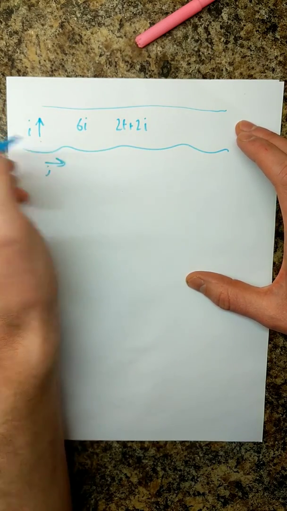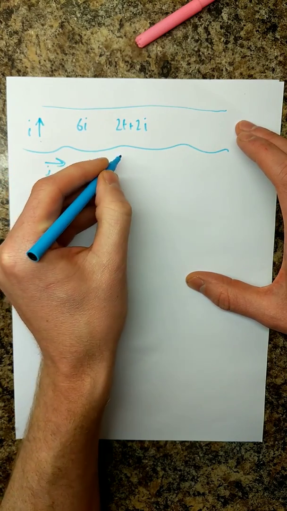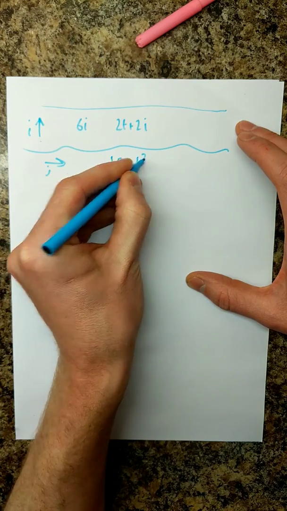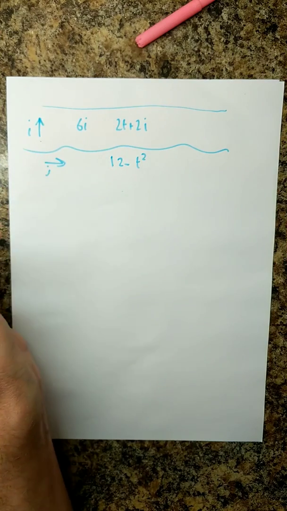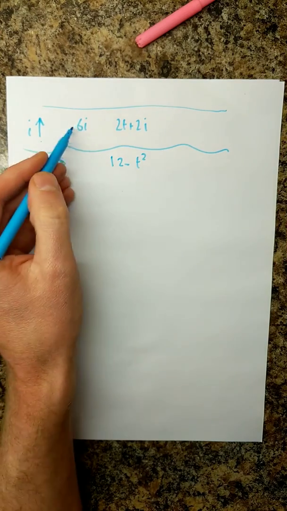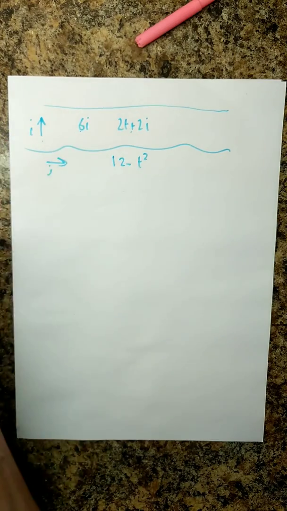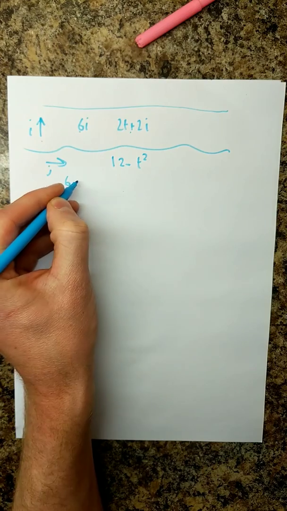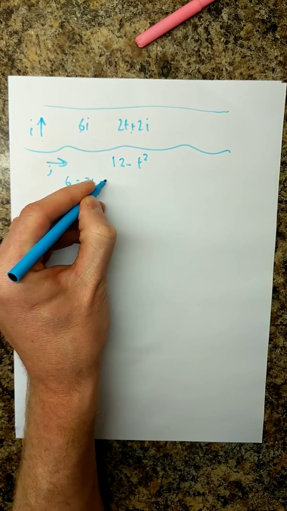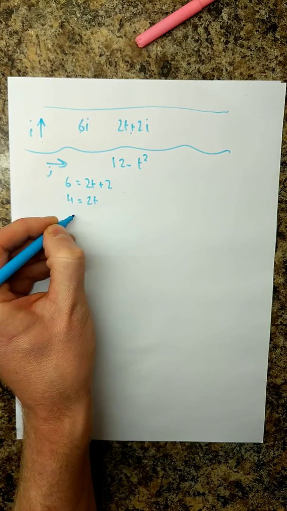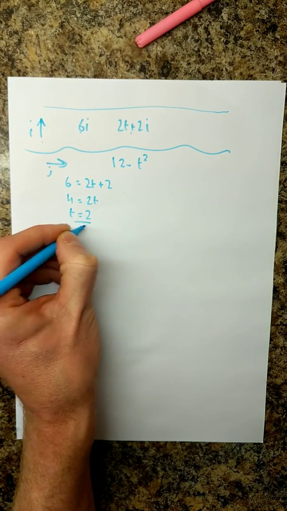For the j direction, we have the position vector 12 minus t squared. So this must equal 6, and we can create an equation. 6 equals 2t plus 2. Take away 2 from both sides. 4 equals 2t, so t equals 2.